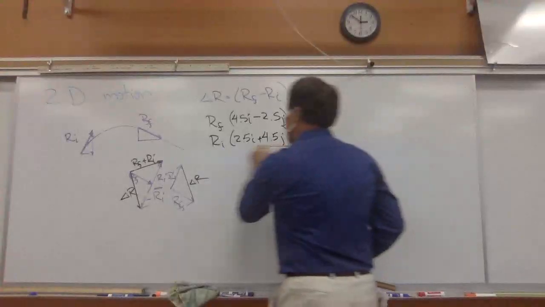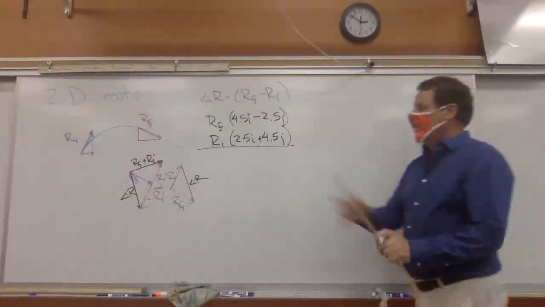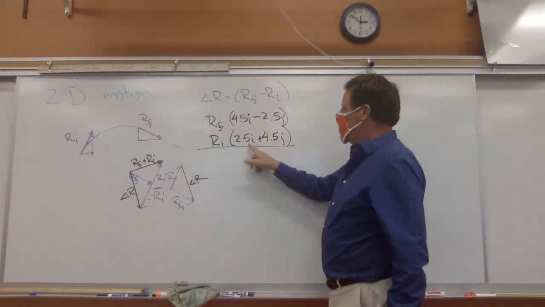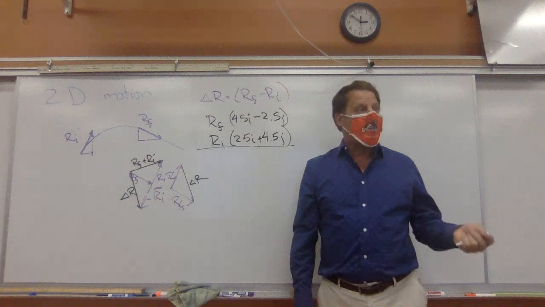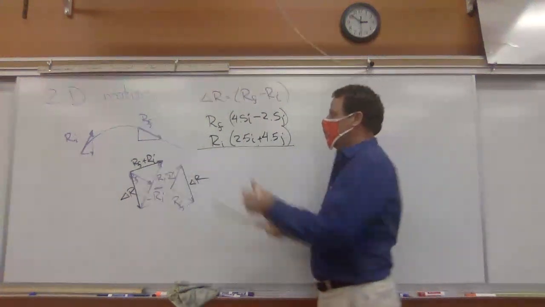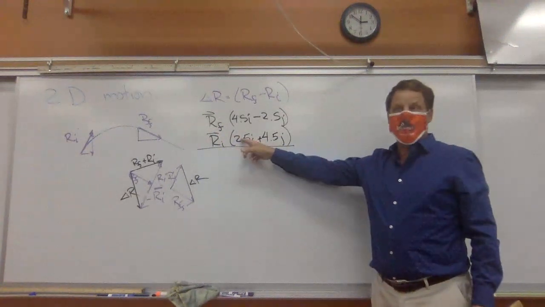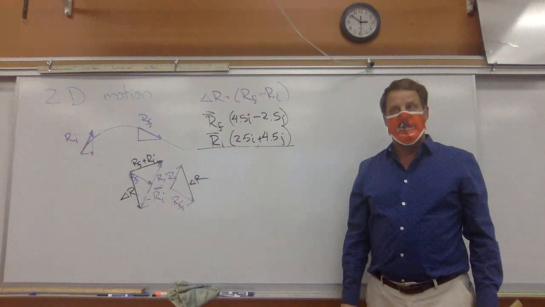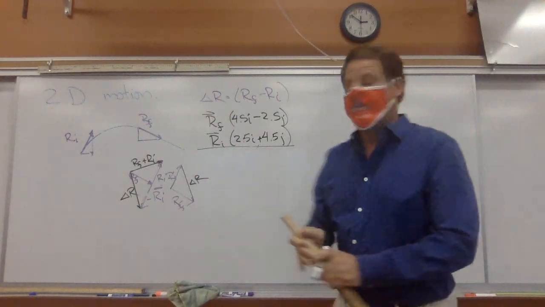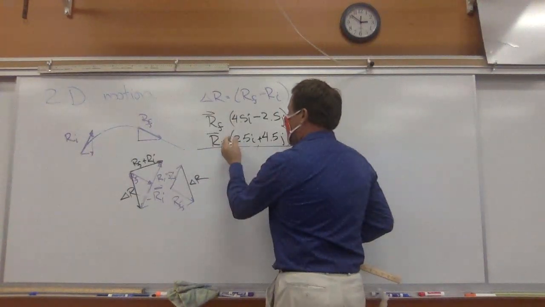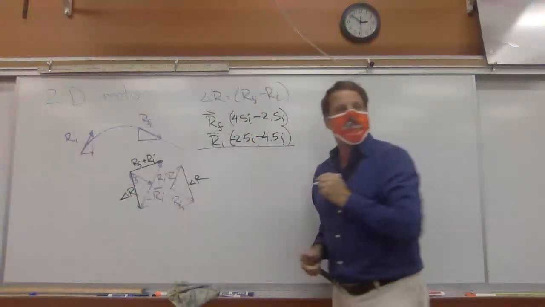Now, if I want to subtract these, what happens to the i and j? If I'm subtracting this vector, how do we make it negative? We just change the sign. Now they're both positive, so they're both going to become negative.